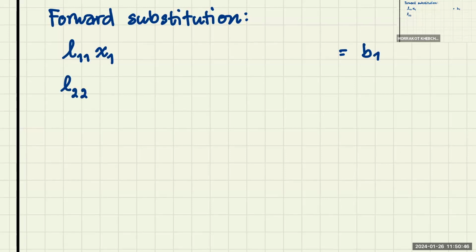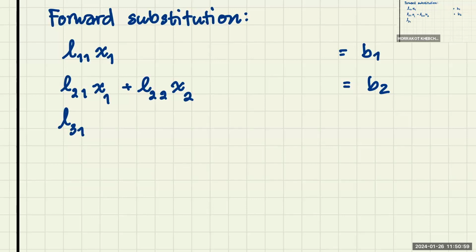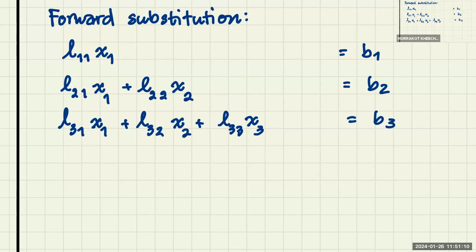L21 x1 plus L22 x2 equal to b2. L31 x1 plus L32 x2 plus L33 x3 equal to b3.